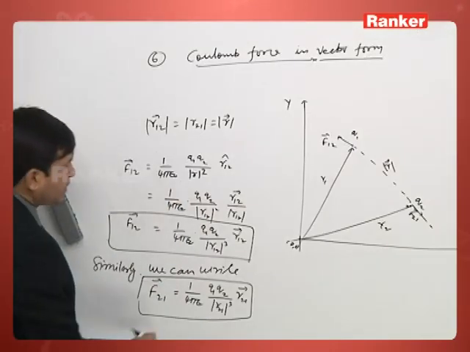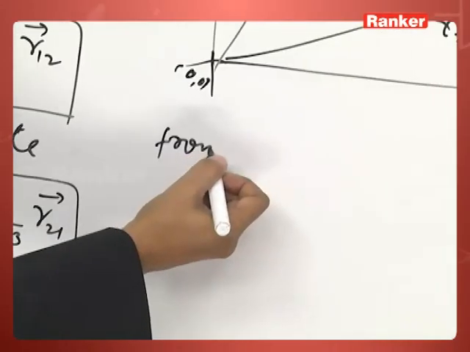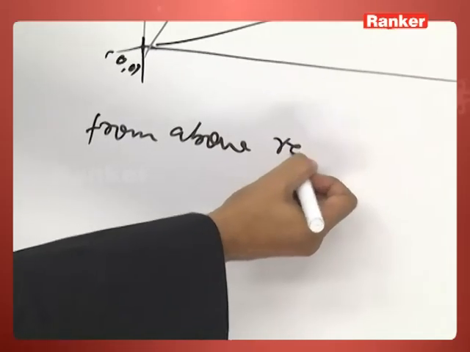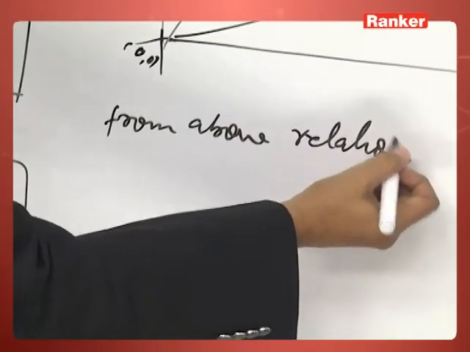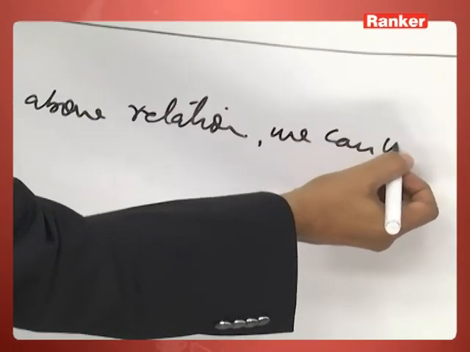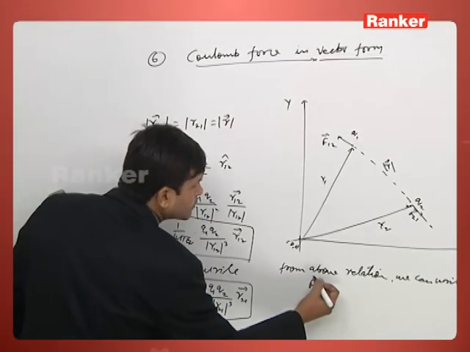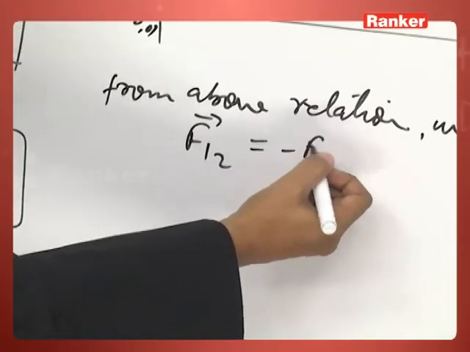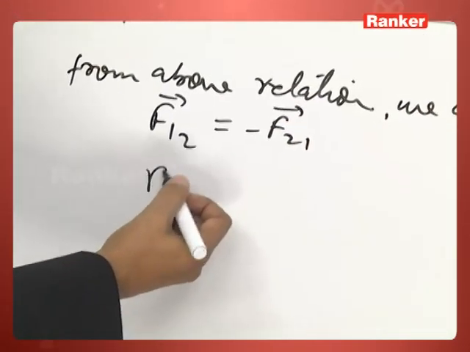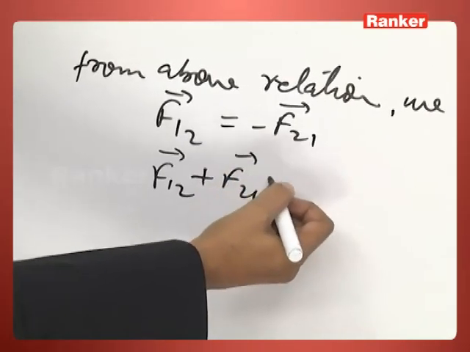So, from these two relations, we can write F12 is equal to minus F21, and that gives you the same idea as we have discussed.